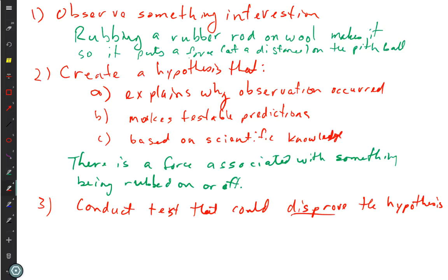Now, if you and I were to do that test, it would fail. Not because the hypothesis is wrong, but because the actual mass of the things that are being rubbed on or off is really, really small. We wouldn't be able to measure that unless we had really, really, really precise instruments. But that's a test that could be made.